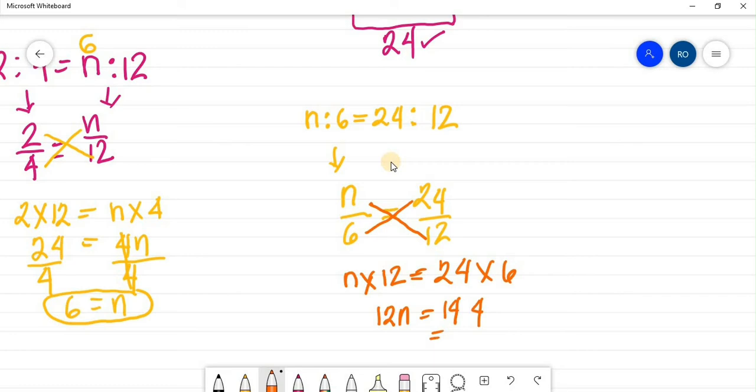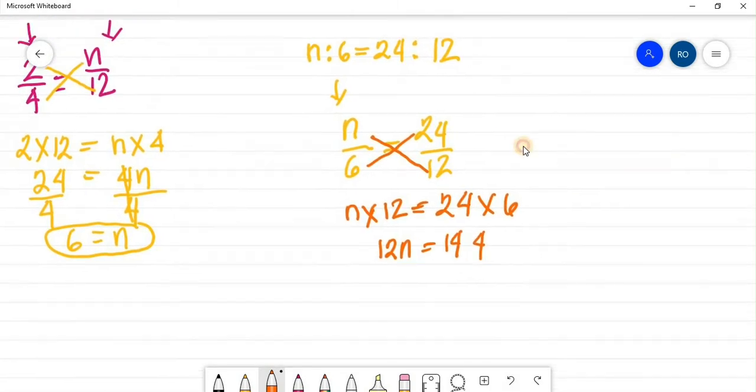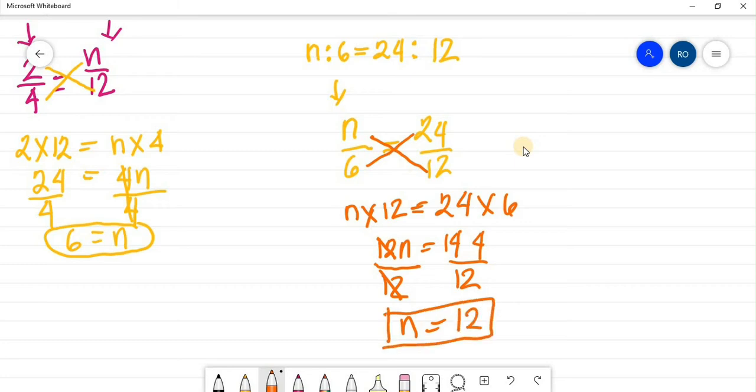Now we have 12n is equal to 144. To find the value of n, divide both sides by 12. Let's cancel the 12 here, so the remaining is n, and 144 divided by 12 is 12. So the missing term, or the value of n, is 12.